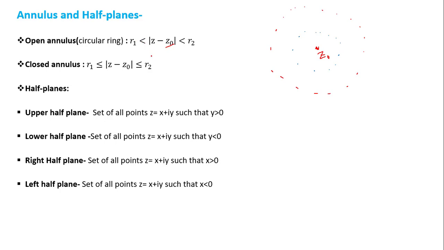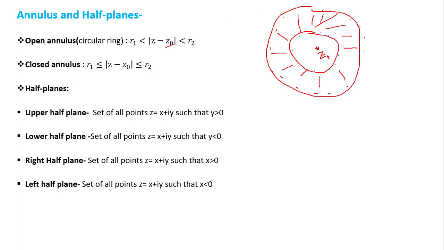Now the region from here to here is the annulus. But does this include the boundary as well? No, it should not include the boundary. If it is not including the boundary, then it is an open annulus.